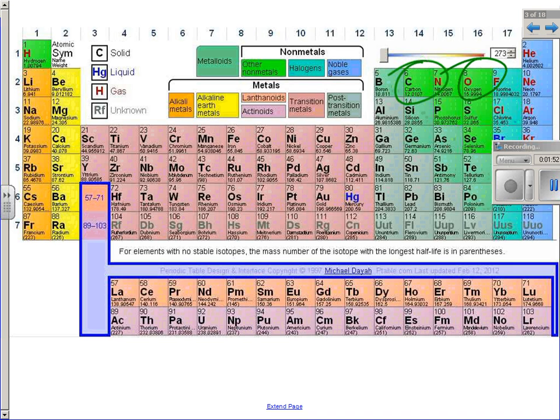Oxygen, 8 electrons, 8 protons. Seaborgium, I'm sure I didn't say that right, has 106 protons and 106 electrons. All right, so how many protons and electrons an atom has determines which element it is. All right, so there you go, chemistry.